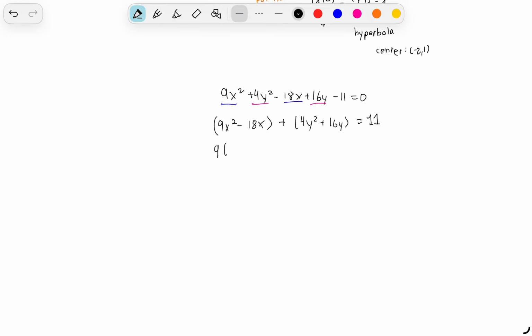Now you can factor your coefficients. You can make room to complete the square here.